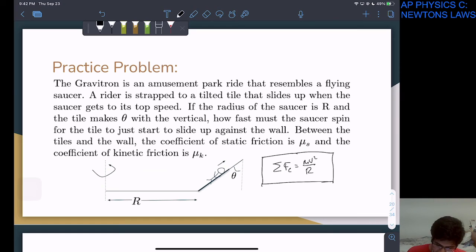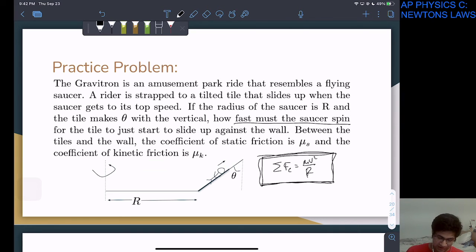The way I would approach this problem, without getting directly into the solution, is that we want to figure out how fast the saucer must spin. So I remember this formula, right? This is our go-to centripetal force formula. I want to solve for v, but I'm given m and r, and I'm not given what the force is.